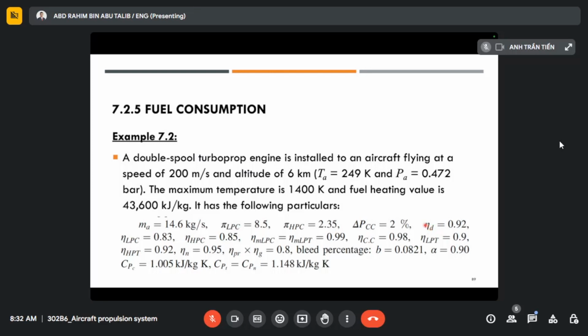The inlet or diffuser efficiency is already given, and the remaining. So you have to take note of all of this in order to use it later on. Even the bleed percentage B is given, alpha is also given, and the specific heat capacity at constant pressure for the compressor, the turbine and the nozzle are also given.